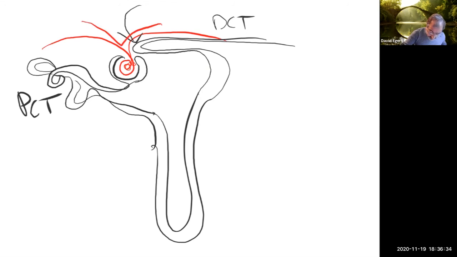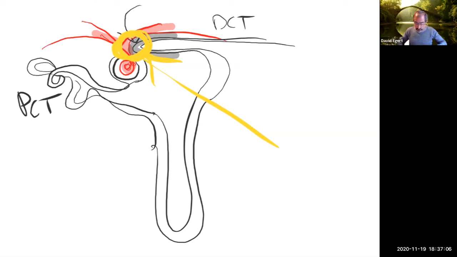I'm not going to go into detail because of time right now, but basically, in a nutshell, there are special cells in the arterioles, and there are special cells in the DCT that work together to become what's called the juxtaglomerular apparatus, which you should know the name of.